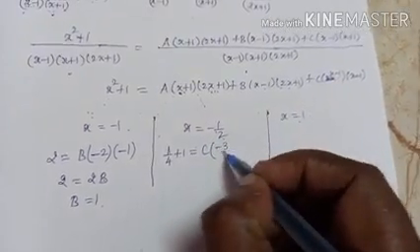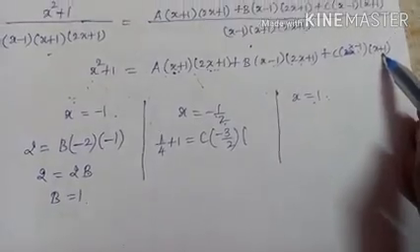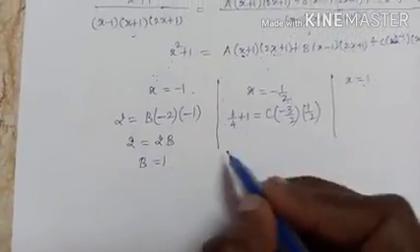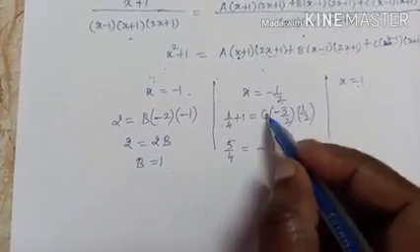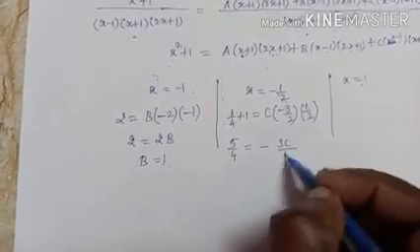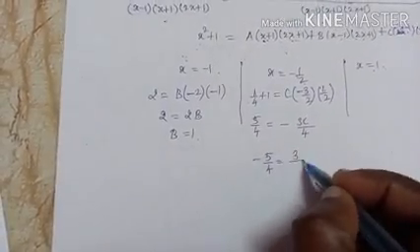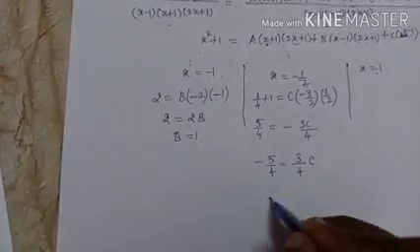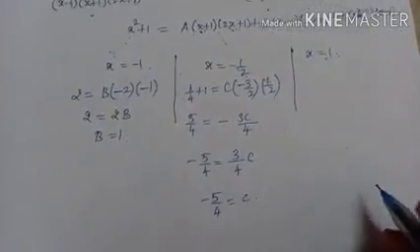Minus 1 by 2 minus 1 is minus 3 by 2. Minus 1 by 2 plus 1 is 1 by 2. So 1 by 4 plus 1 is 5 by 4. It is minus 3 into 1 into c by 2 into 2. Let us have minus 5 by 4 equal to 3 by 4c. When you cross multiply, 4 get cancelled. Minus 5 by 4 is equal to c.